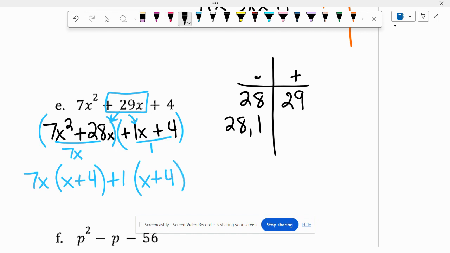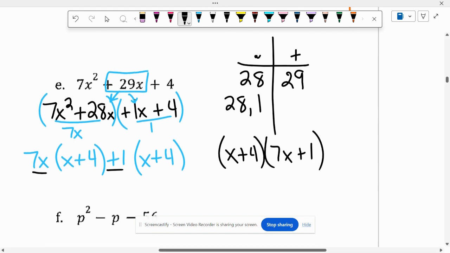So let's see my copycat, x plus 4. What's left over? 7x plus 1. Okay, let's do the next one.